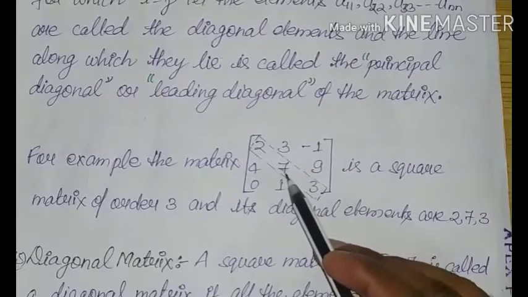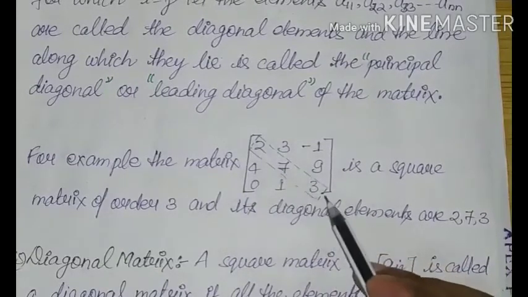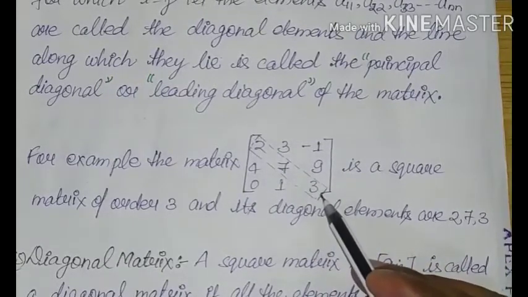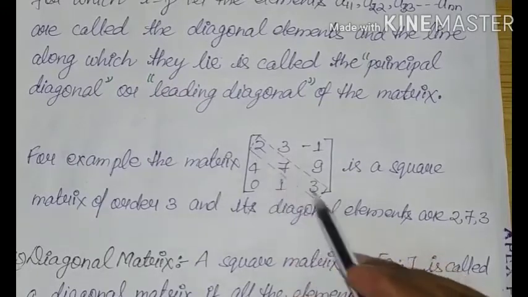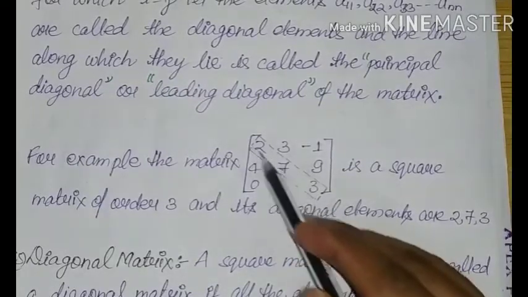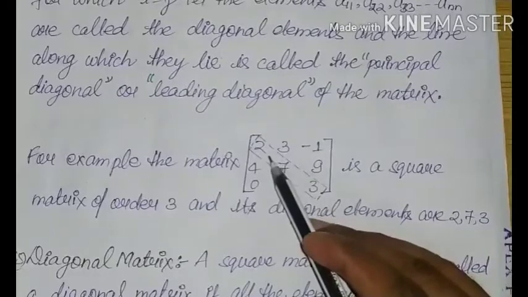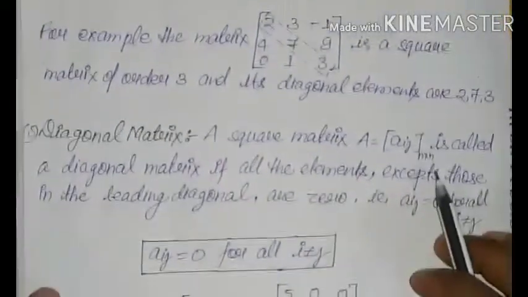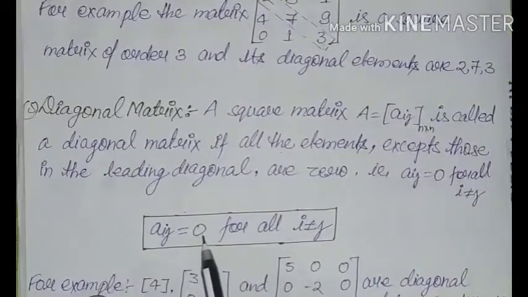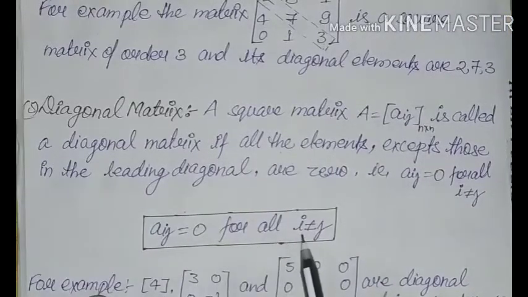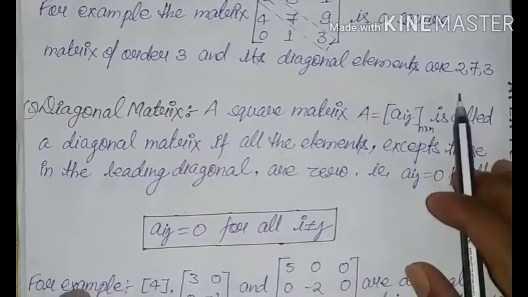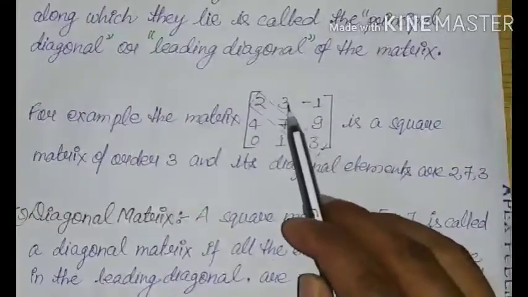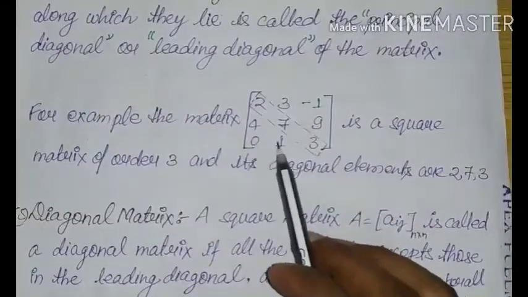A22 means i is 2 and j is 2. A33 means i is 3 and j is 3. That's why this is the place of Aij where i equals j. The given condition that Aij equals 0 for all i not equal to j means we're talking about these other elements.